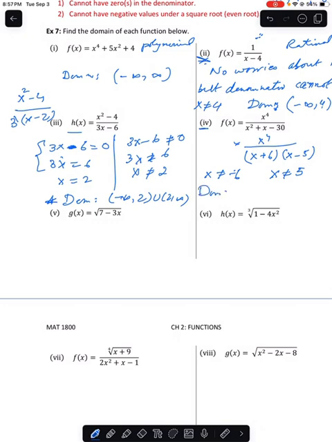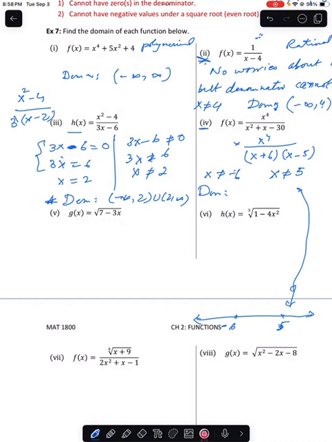If you cannot do it directly, you can always draw a number line. I don't have space here, so I will draw it on this page. Negative 6 will be on the left and 5 will be on the right of negative 6.